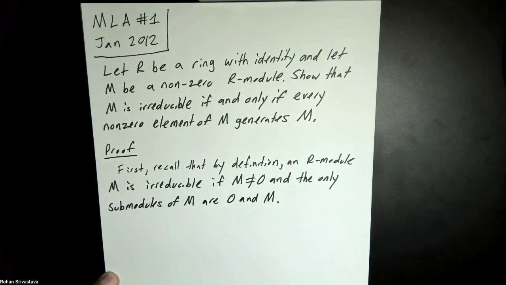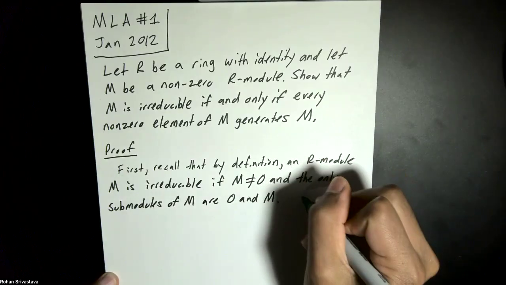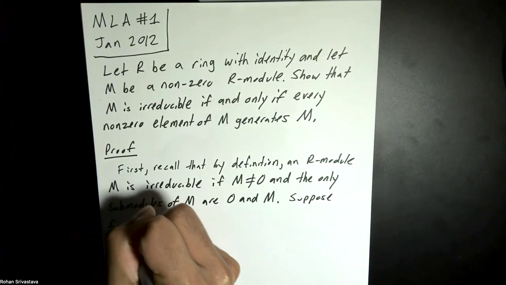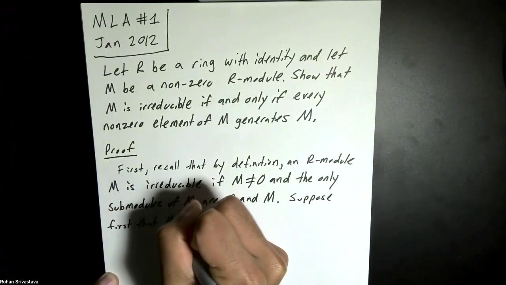Okay, so we have two directions to show. So suppose first that M is irreducible.